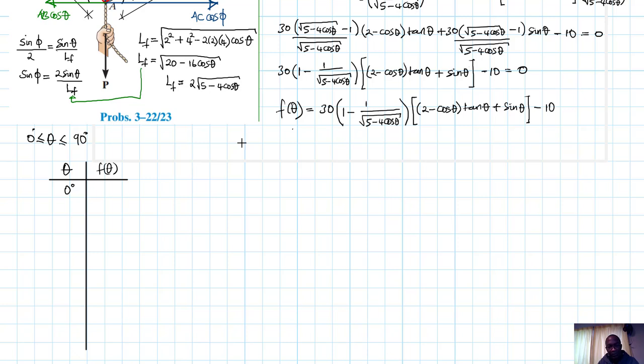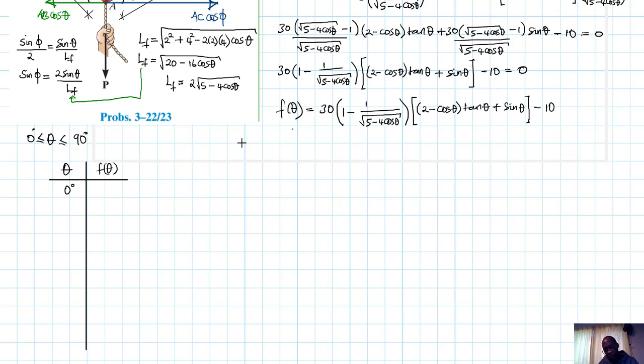So 1 divided by root of 5 minus 4 cos theta. Let me set decimal places to 0.00.